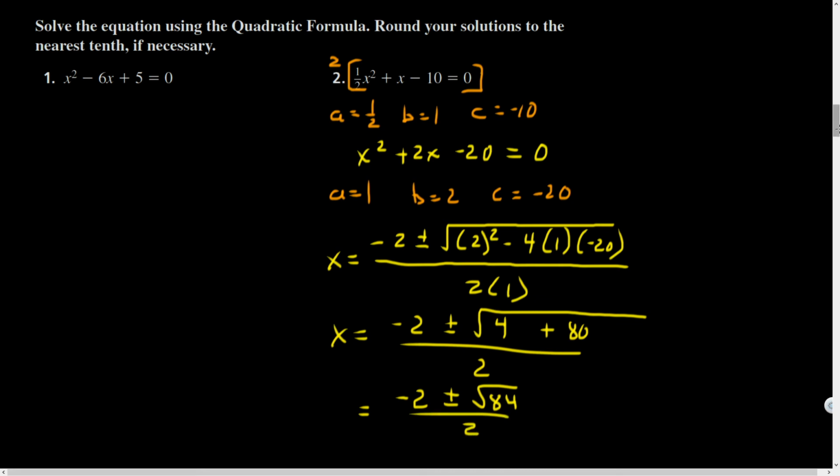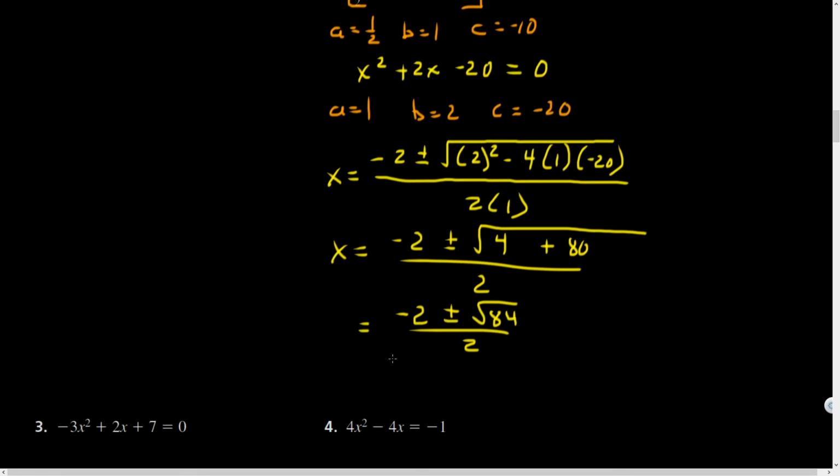And so square root of 84, I think technically I can, what could I break into that? Is 16? Does 16 go into it? I don't feel like it does. 84 divided by 16. No, but 84 is divisible by 4. So I could have broken that up into square root of 4 times square root of 21 all over 2. And so final answers, plural, right?